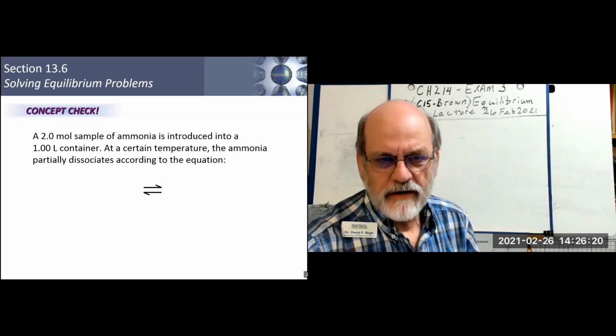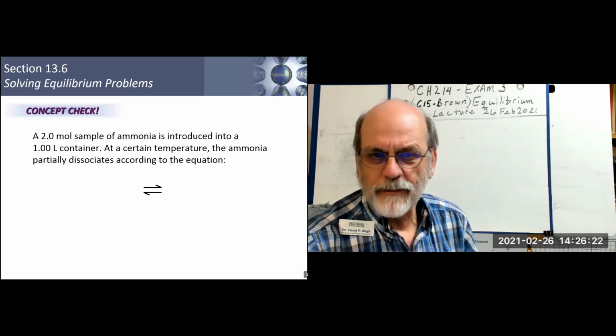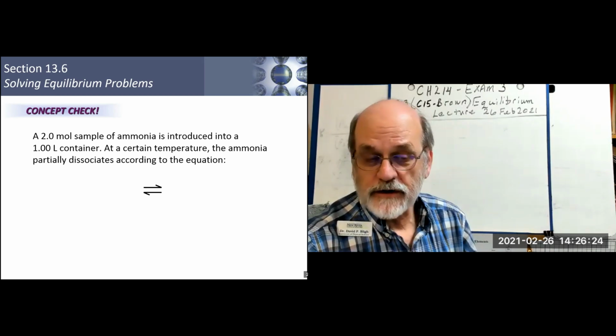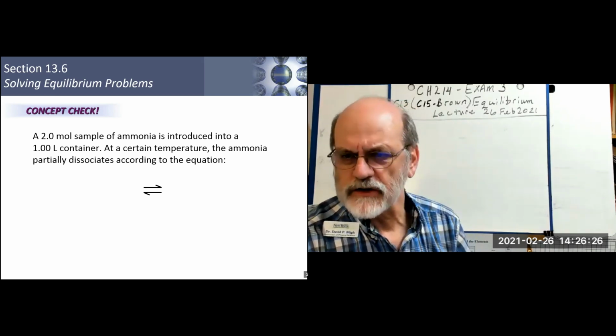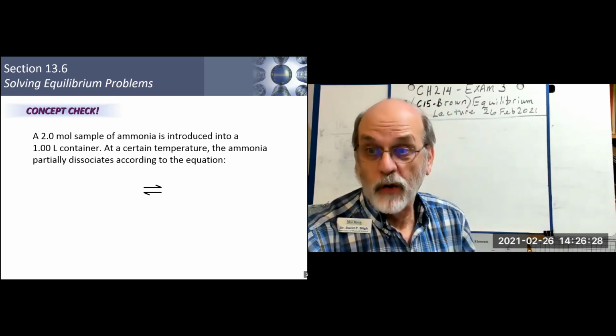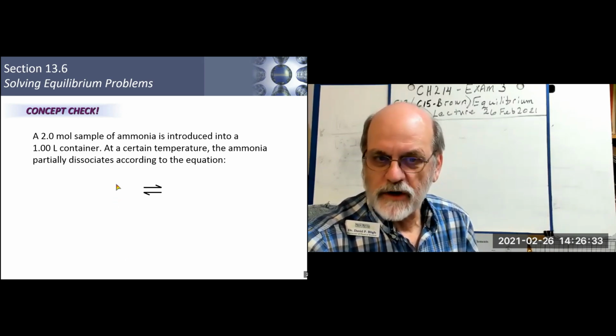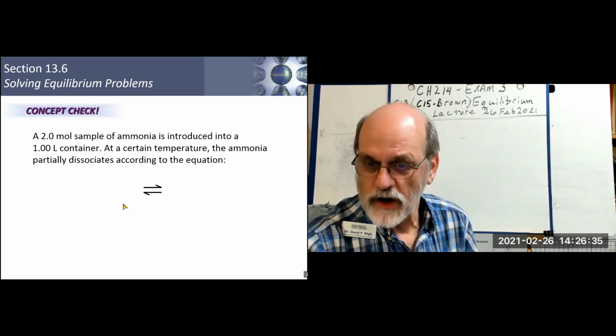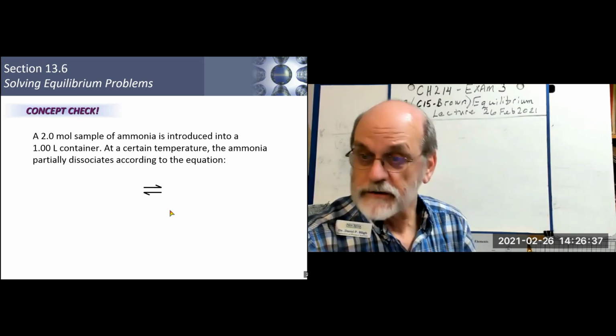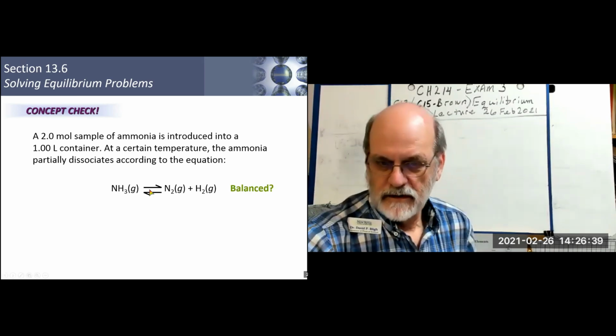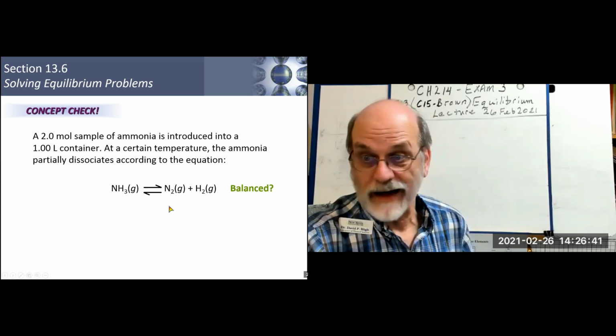So let's say we have a 2 mole sample of ammonia introduced into a 1 liter container. So what's the concentration? 2 molar, right? 2 moles per liter. At a given temperature, the ammonia partially dissociates according to this equation. First of all, is it balanced? 1 nitrogen, 2 nitrogen. No, it's not balanced.